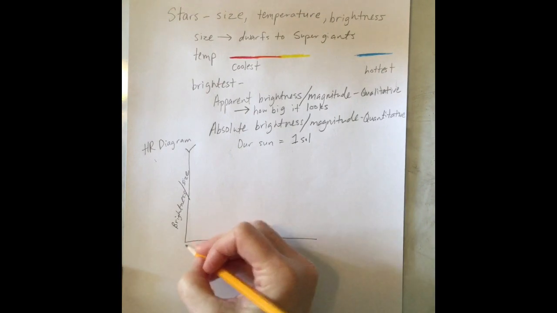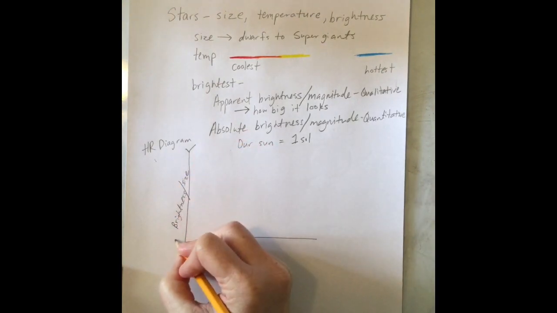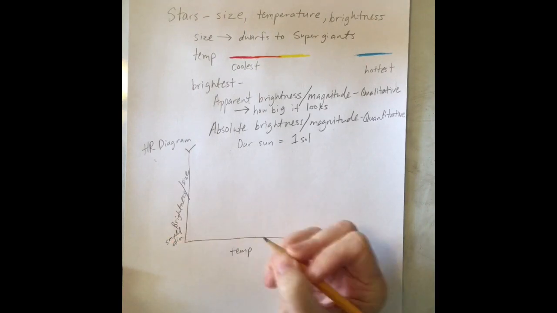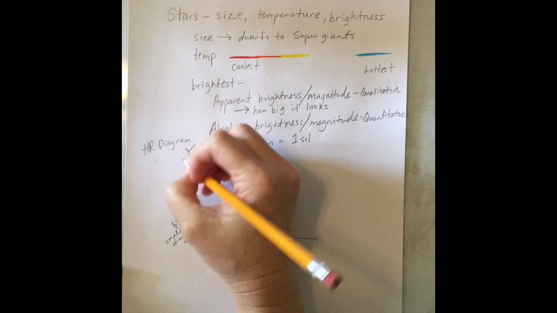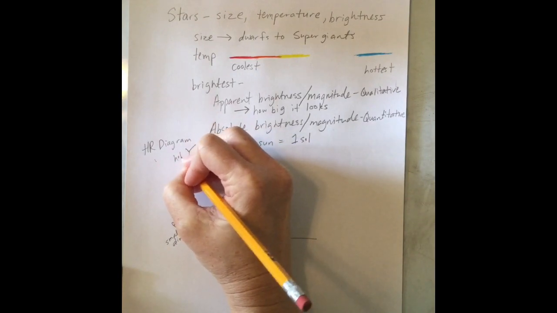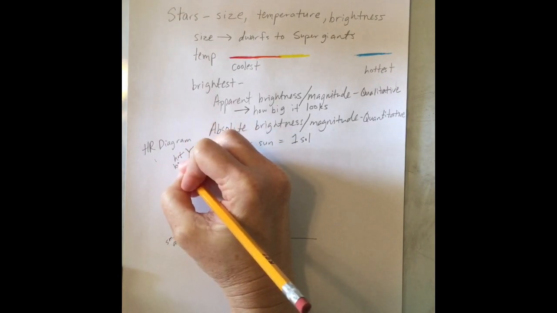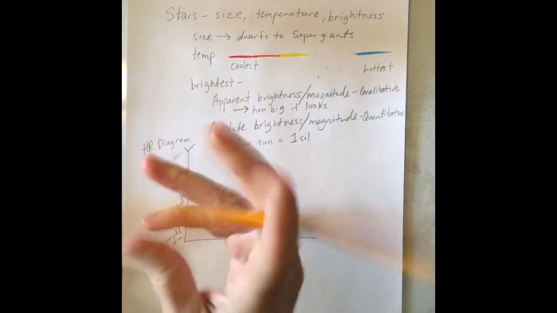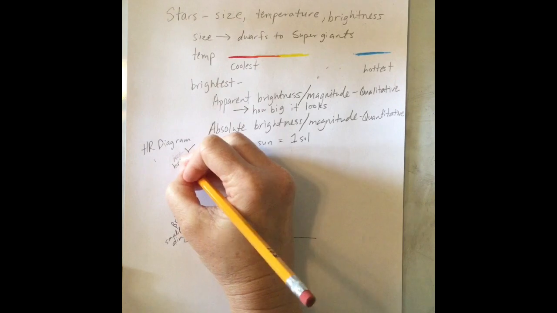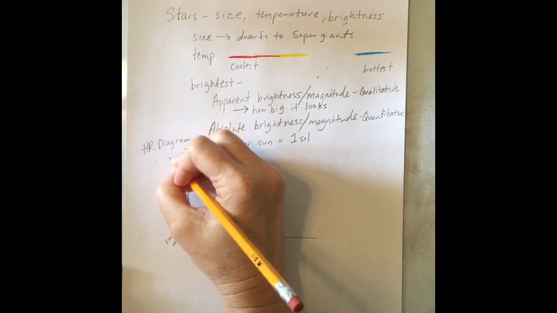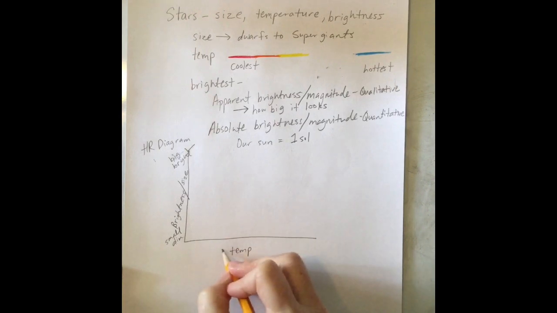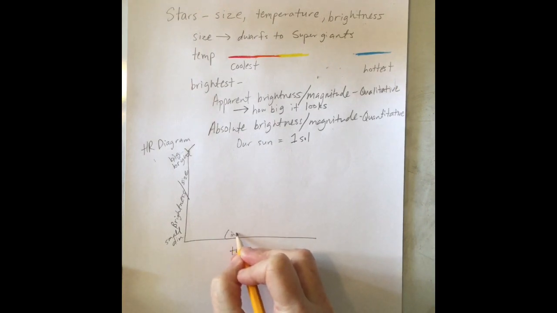At our origin for brightness or size on the y-axis, we're going to have dim or small. Farther away from the origin, they get brighter and larger. Now the x-axis is inverse.